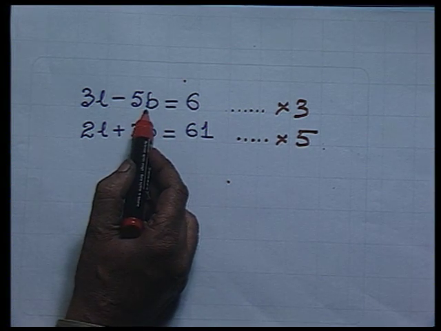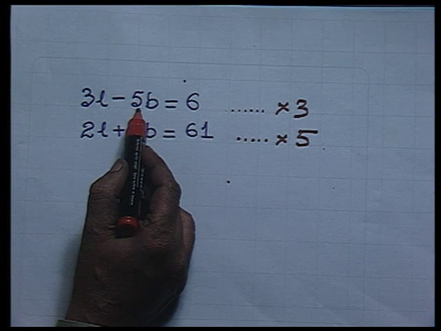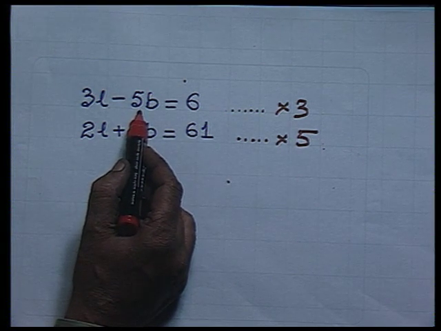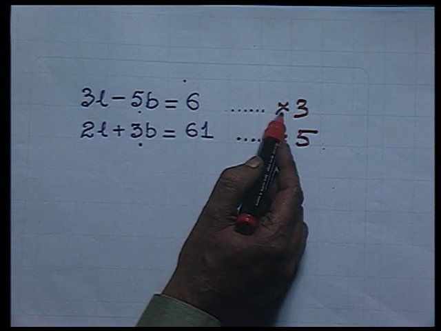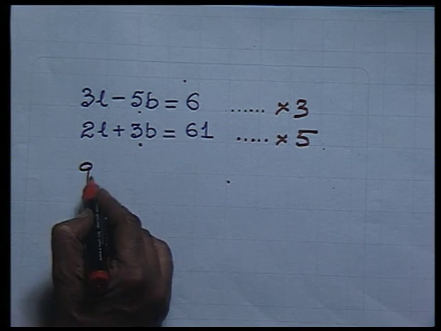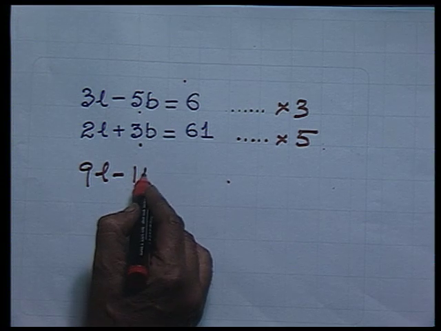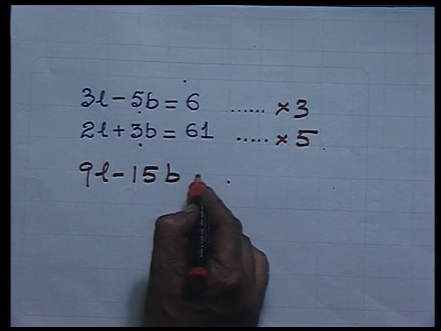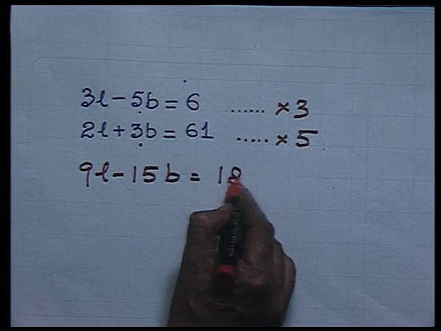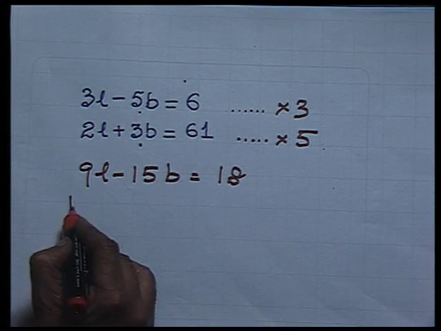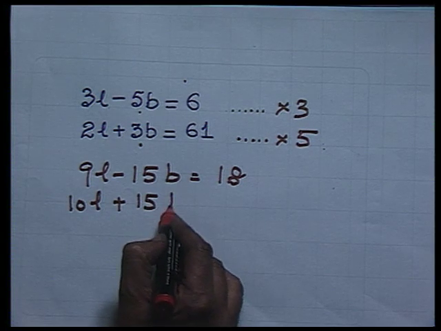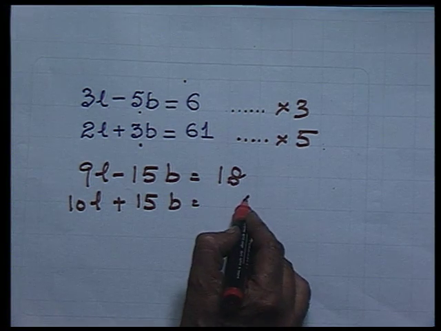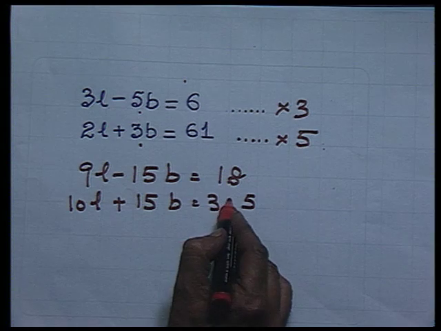Because to eliminate B, I will have to make the coefficients of B in the first equation and in the second equation the same. So, multiplying the first equation by 3, I get 9L minus 15B equals 18, and the second equation is 10L plus 15B equals 305.